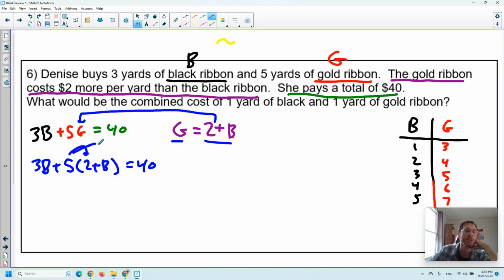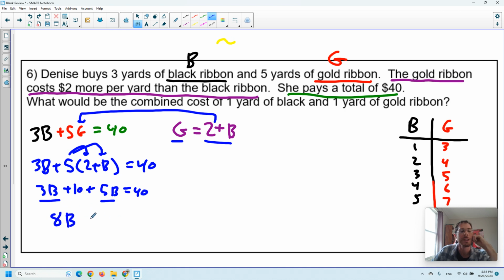And now this equation looks normal. So 3b plus 10 plus 5b. I gotta be careful too. Equals 40. The b's are now on the same side, so 8b.